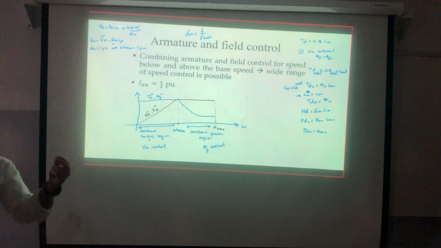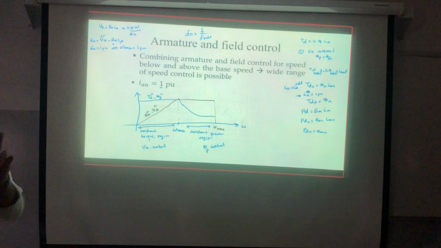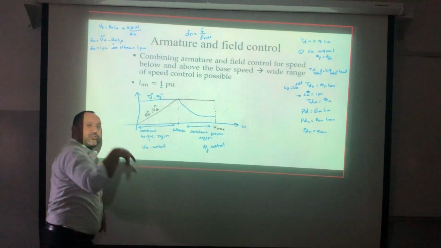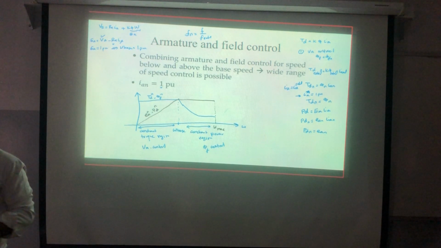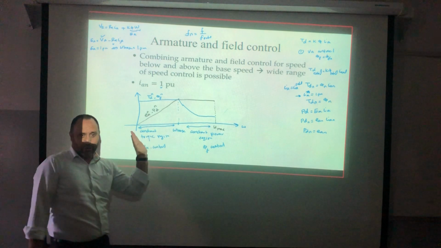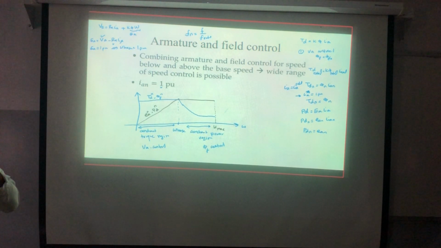In the armature voltage control, all the time, the flux normalized is 1 per unit. So now, if I'm telling you that the current can be twice the rated, then I should put another line here with 2 per unit for the torque. But simply here I should switch before the rated.